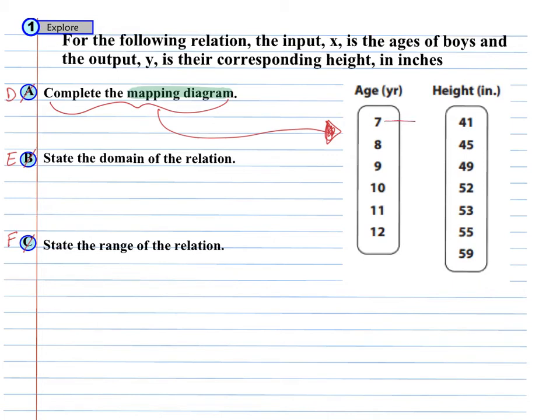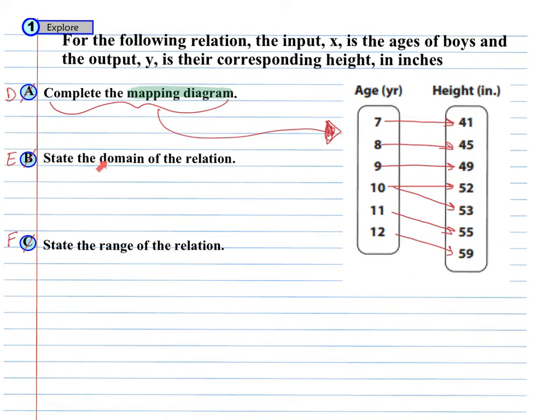We know that 7 goes to 41, 8 goes to 45, 9 goes to 49, 10 goes to both 52 and 53, 11 goes to 55, and 12 goes to 59. So this right here is your mapping diagram. These numbers map to numbers on your other side, which is your height.